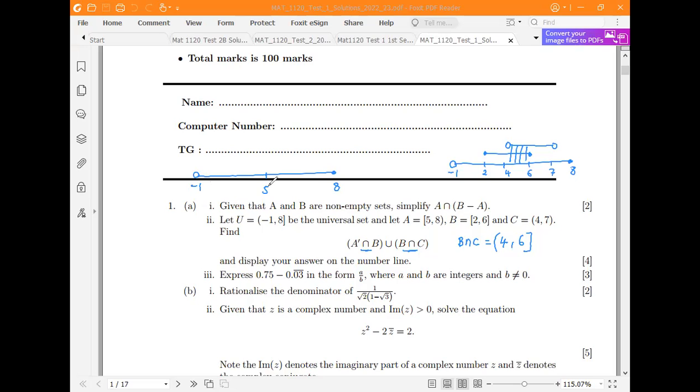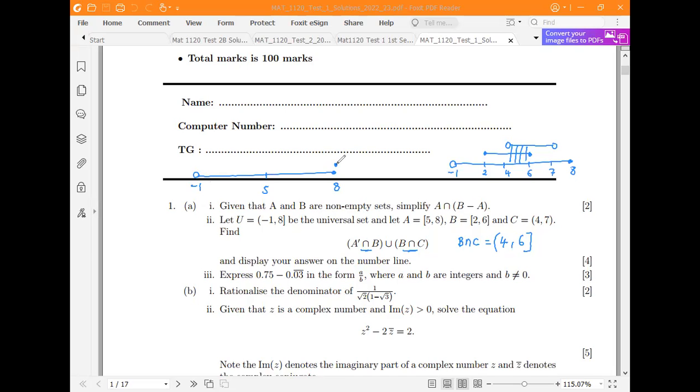Now, 8 is open. A is open at 8. So when you look for A complement, we put a closed dot here, because there's no 8 in A. And yet there is 8 in the universal set. So we put a closed dot there.